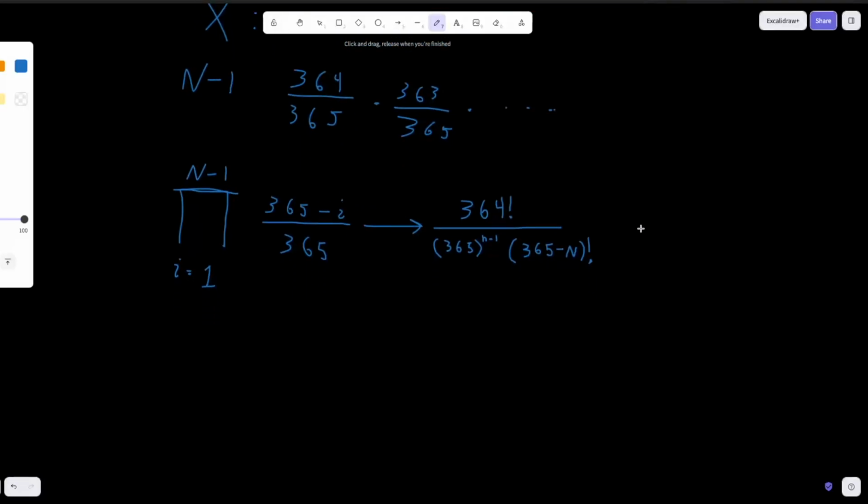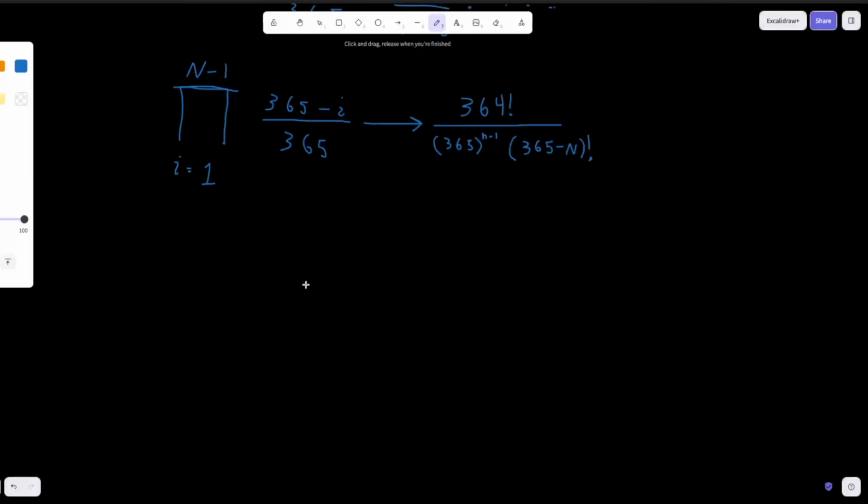But we're looking for how many people we need for 2 to share a birthday, right? So then the probability that at least one pair shares a birthday is going to be 1 minus this, right? So it's going to be 1 minus 364 factorial over 365 to the n minus 1 times 365 minus n factorial.